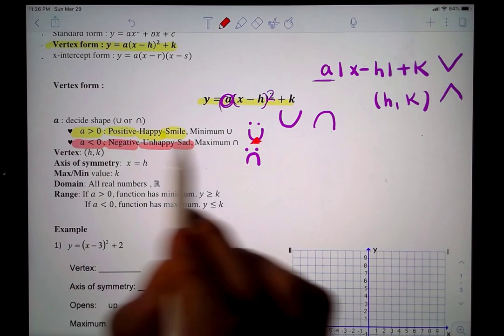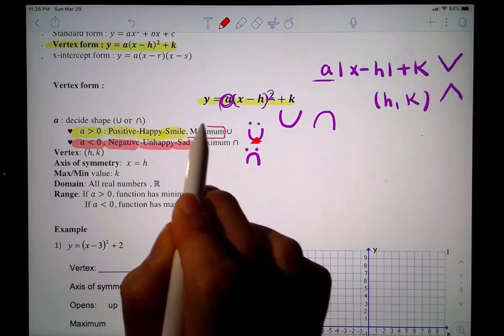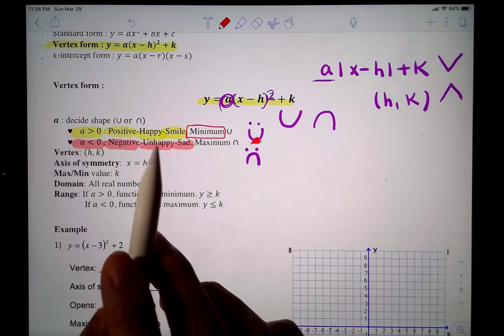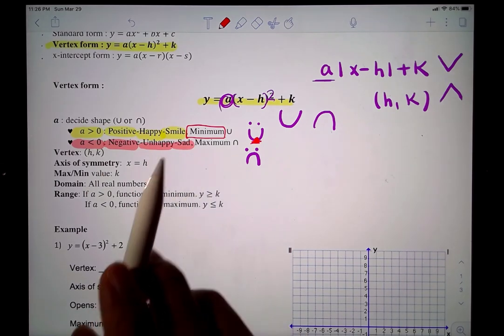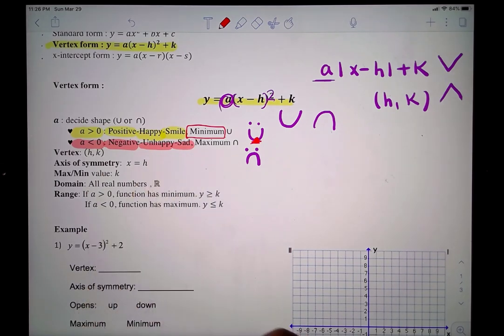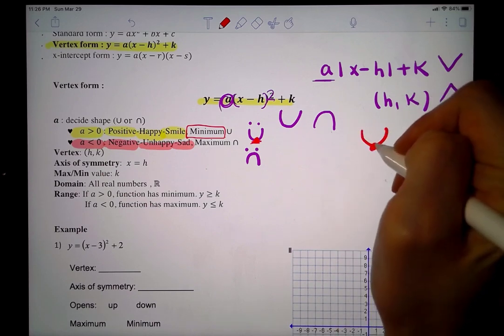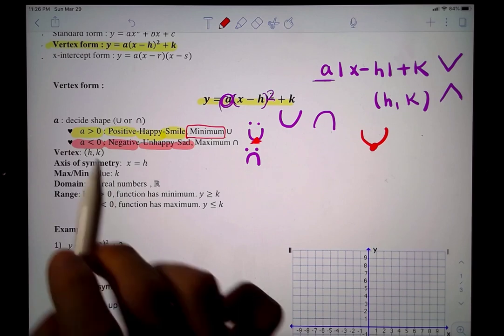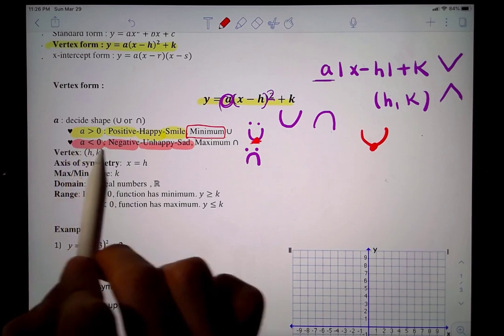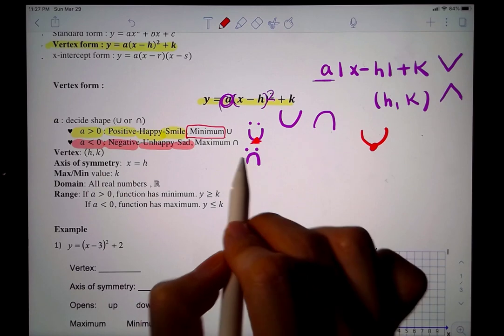So when it's positive, you get minimum. Think about the shape. That's positive, then many people misunderstand it as maximum because that's positive, but it's not. Okay? Positive, happy face. Your smiley face has what? Minimum value. Okay? And then look, when a is negative, unhappy, sad, so we get a sad face.